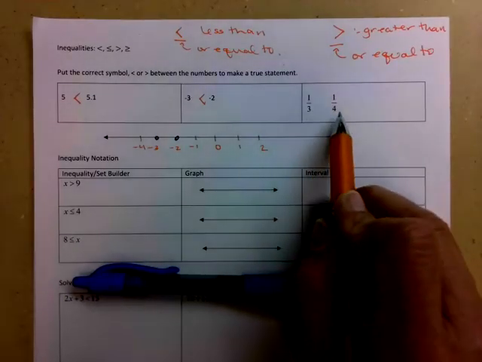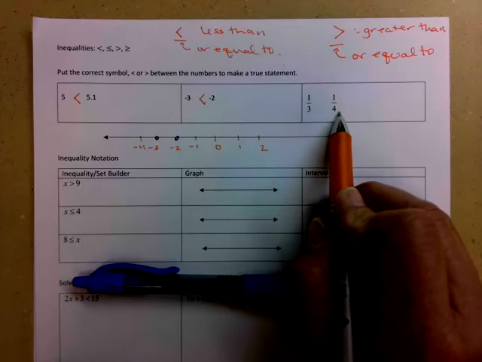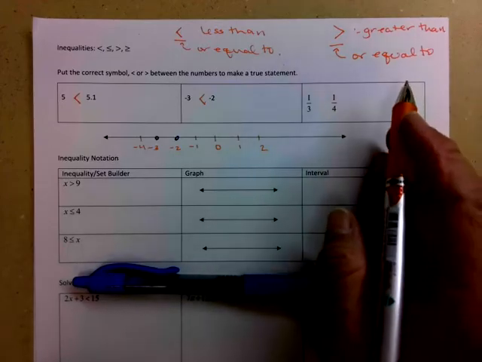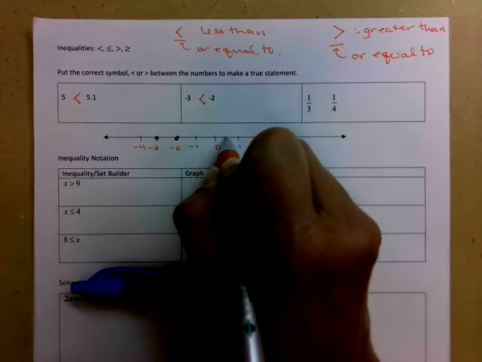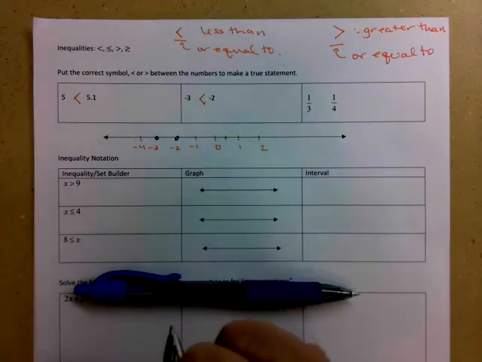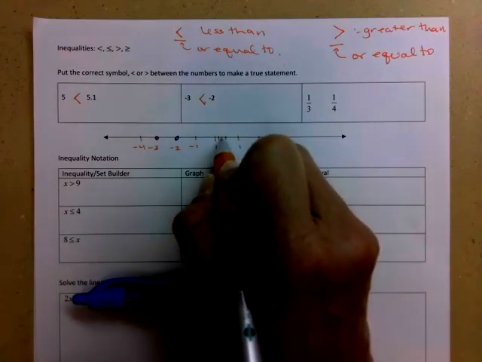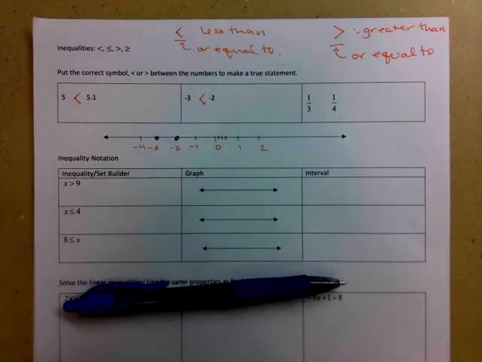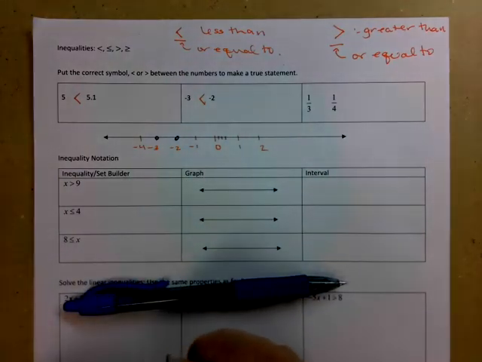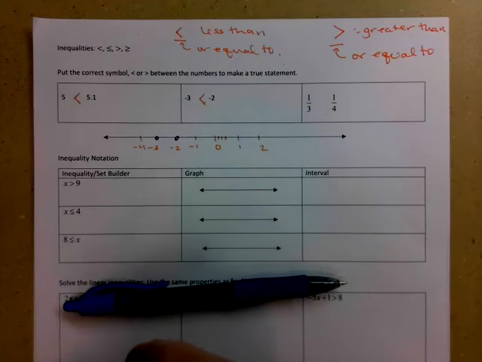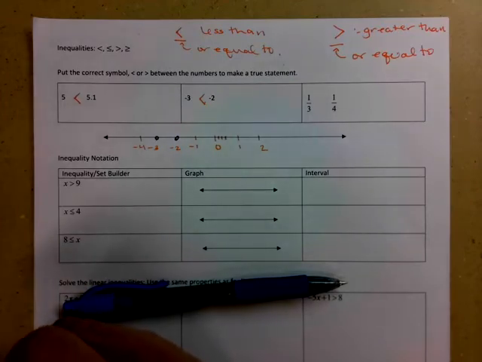Now, 1/3 or 1/4, which one is bigger? So let's think about that. If that's 1/2, 1/4 is closer to 0 than 1/3. And again, you can think about it: if it's pie, would you rather have 1/3 of a pie or 1/4 of a pie?